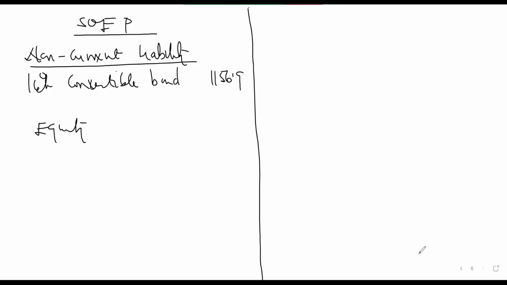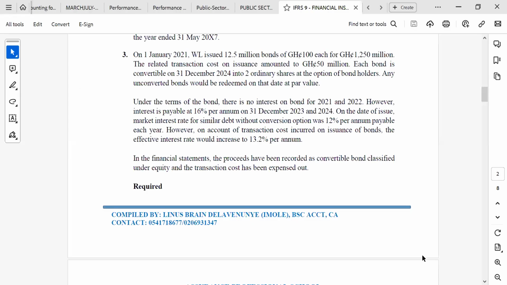Okay, let's come to equity. The option to convert. We still have the 16% convertible bond there. How much was shown there? It was 1250, isn't it? If you read that very well, in the financial statement, the proceeds have been recorded as convertible bond, classified under equity, and the transaction cost has been expensed out.